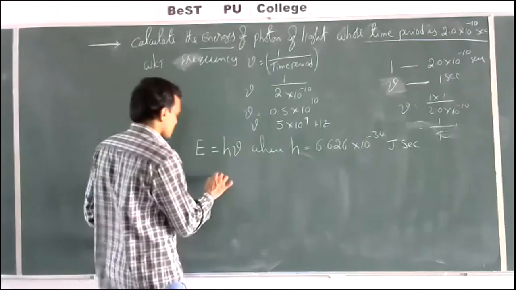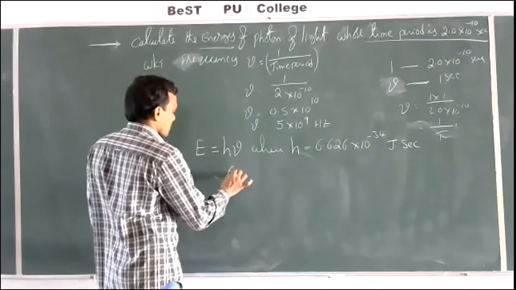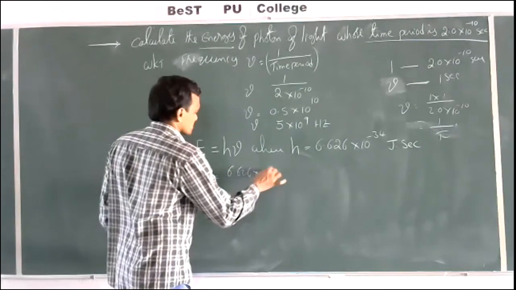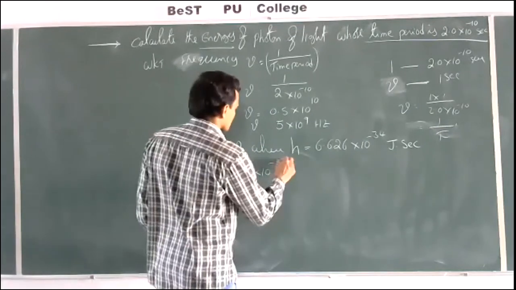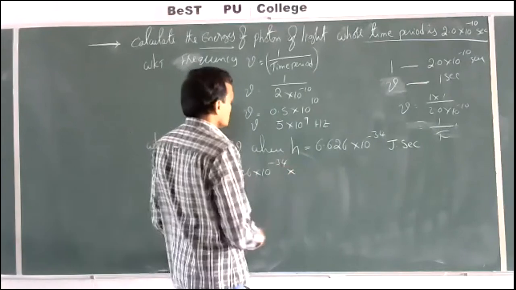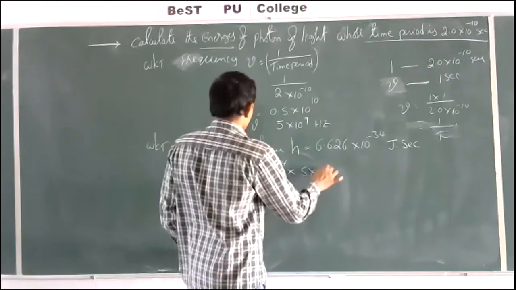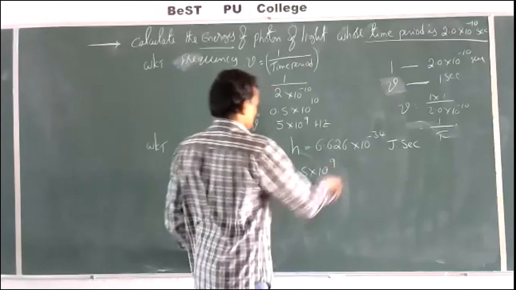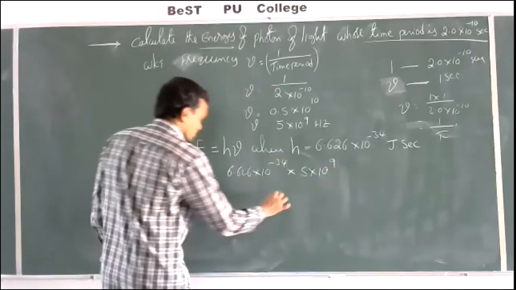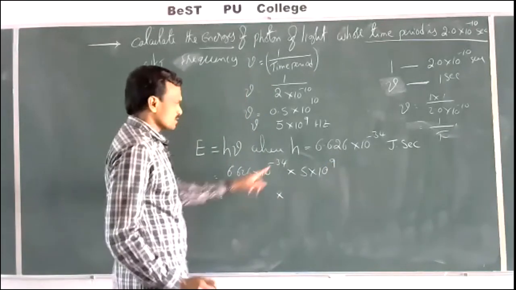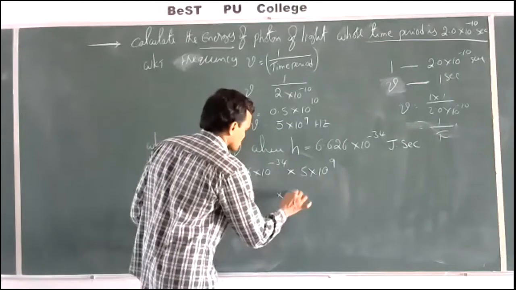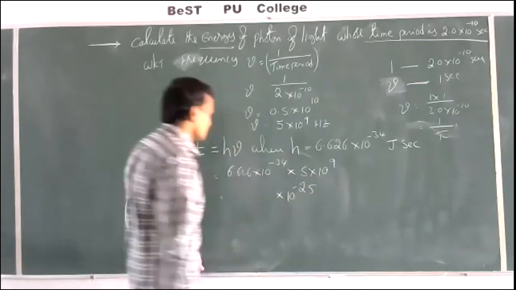Now substitute both the values here. E is equal to 6.626 into 10 power minus 34 into 5 into 10 to the power of 9. If you simplify powers, this is 10 power minus 25.